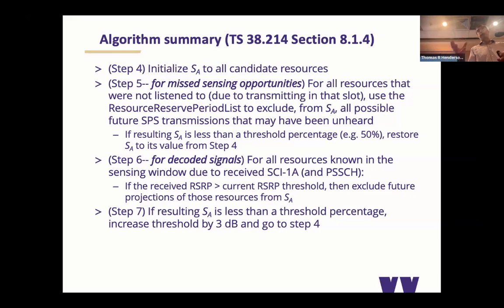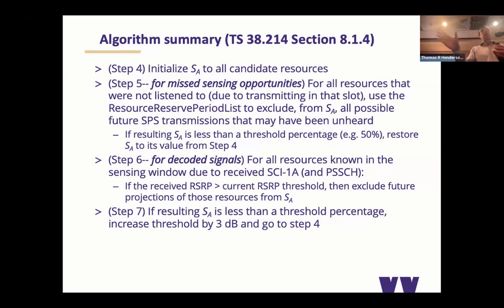So it's going to take this conservative or pessimistic view. Furthermore, every resource pool may be configured with a number of possible legal RRI values. It may be every 20 milliseconds, every 50 milliseconds, every 100 milliseconds. So it basically has to enumerate all the possible combinations and conservatively assume that maybe somebody was out there that used a resource that's going to recur at these different patterns as well.